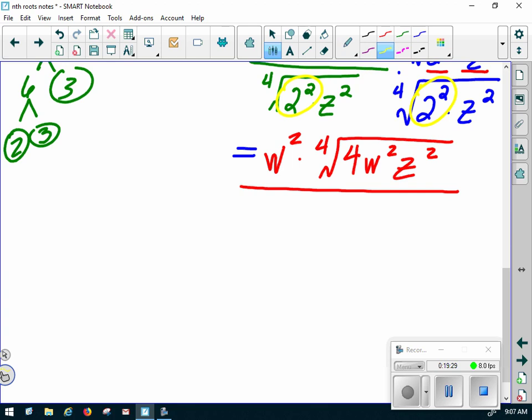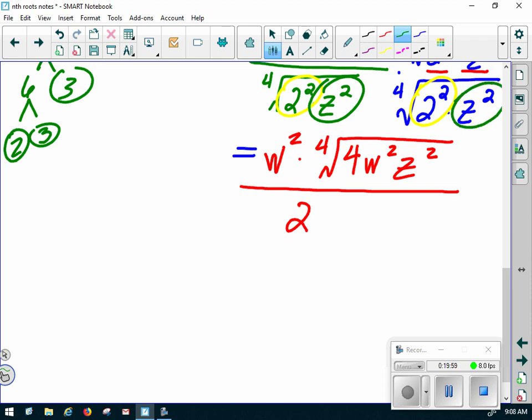I've got 2 squared and I've got 2 squared. I got 4 in the bottom. I got 2 and 2. Do I have quads of 2? How many quads do I have? Just 1. So a 2 is going to come out. Also in the bottom, how many z's are sitting right there? 2. And how many z's are sitting right there? 2.